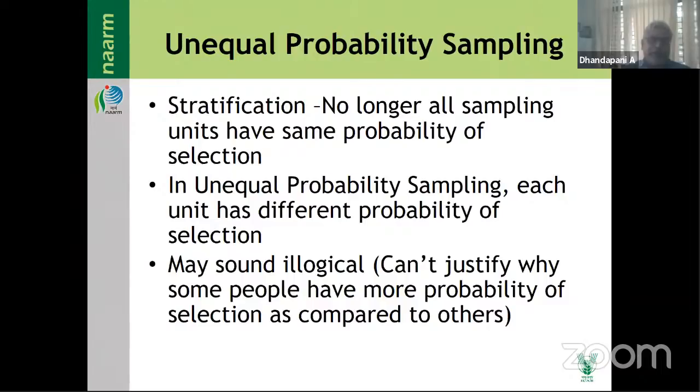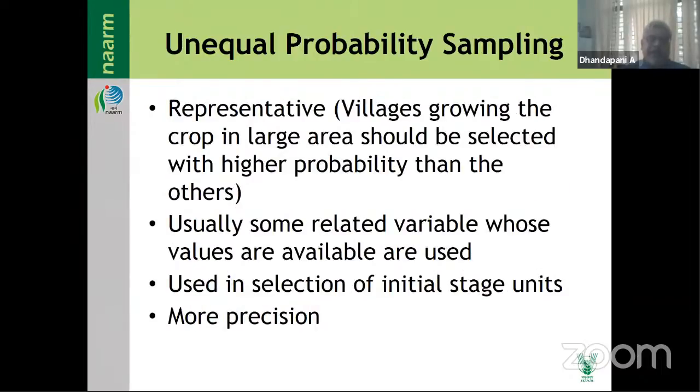I'll give you the logic for why we need unequal probability sampling, or even a sample size which is not directly proportional to the stratum sizes. The reason is, for example, I'm trying to conduct a survey for a particular crop in a particular state. Now, every village may not be growing the crop in a similar way. In some villages, the crop may be a marginal crop.